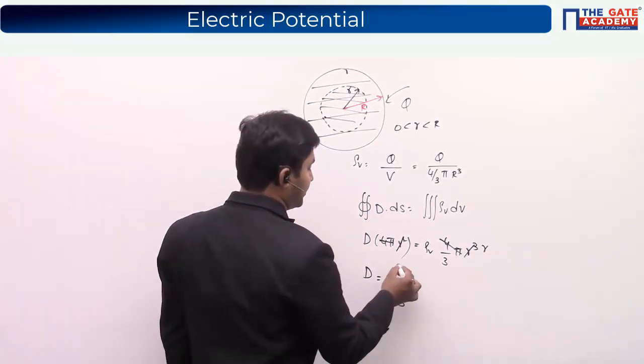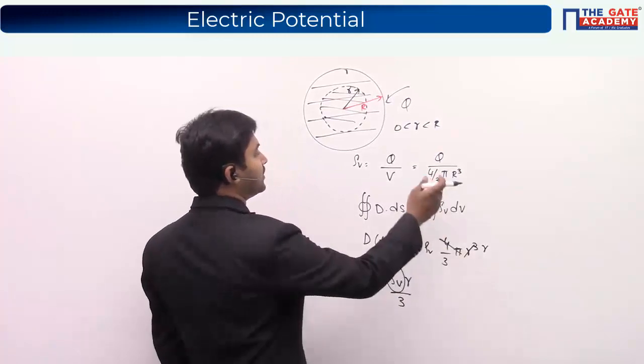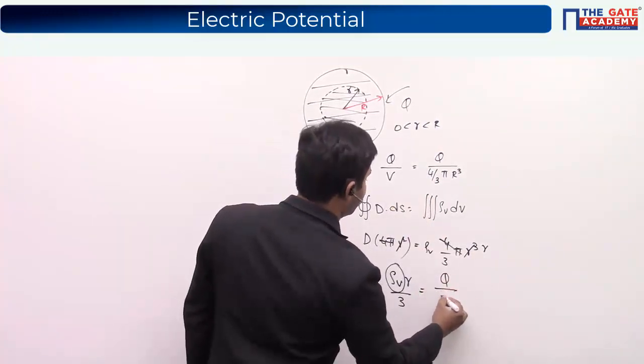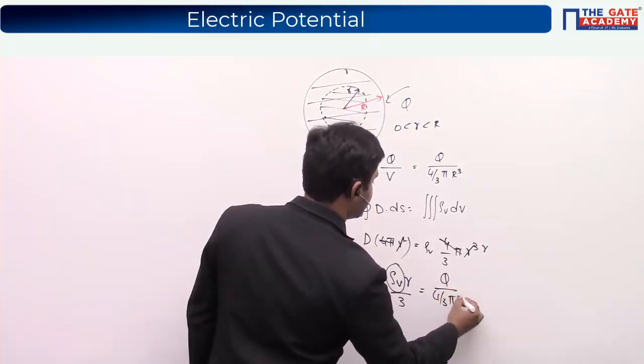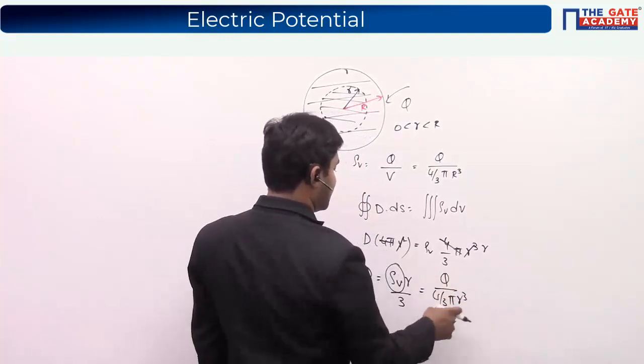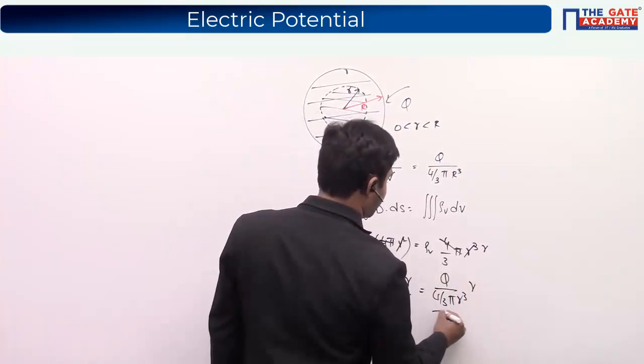And what is rho v? It is Q divided by 4 by 3 pi capital R cube. So this is the value of rho v into r divided by 3.